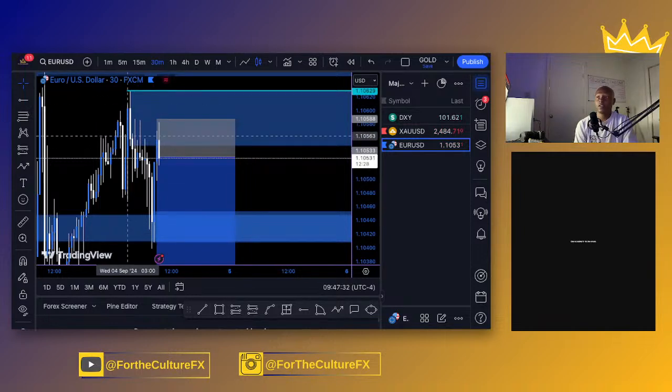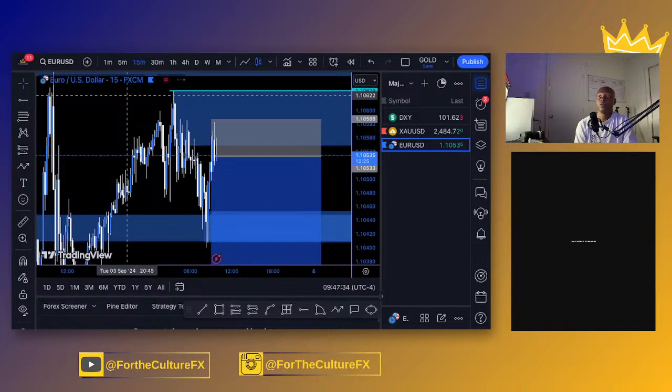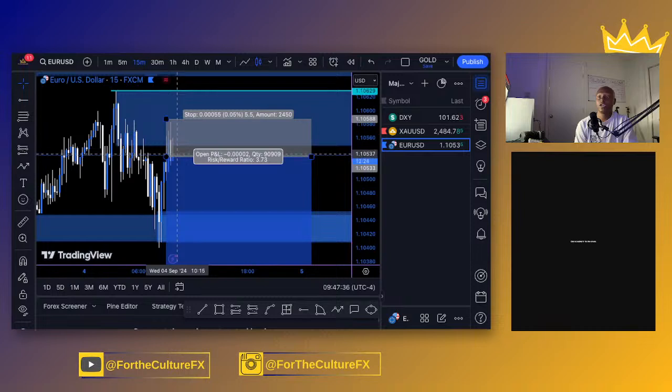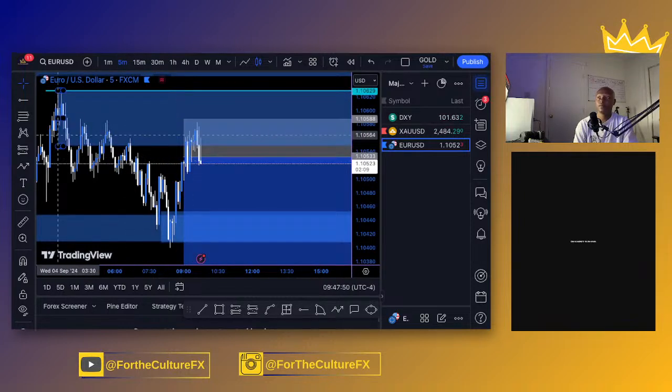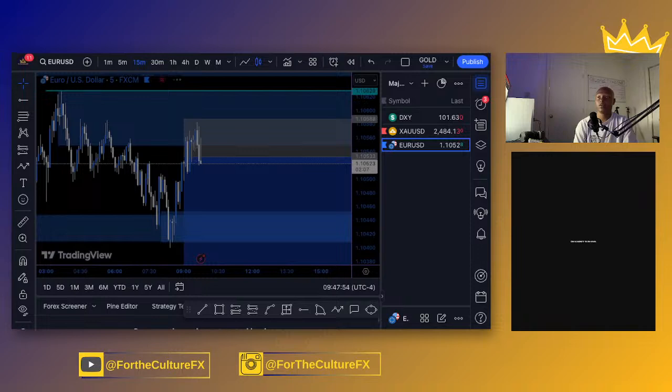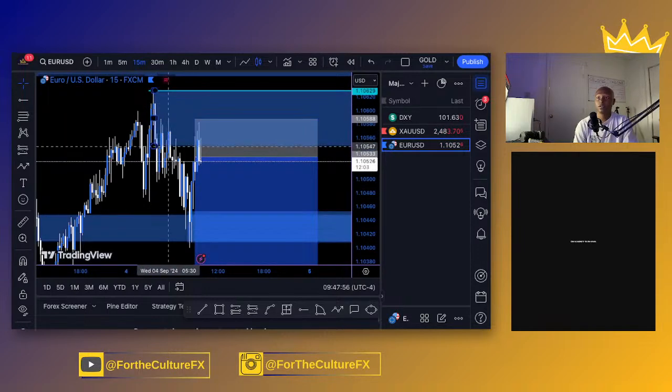Since we got that 30-minute candle, refine it: the first bearish candle that taps into that would be this candle here. Well, technically this candle, but essentially, yeah, you get the point. If you refine it to the 15, you'll see that that candle likely didn't tap into it. Oh no, it did.